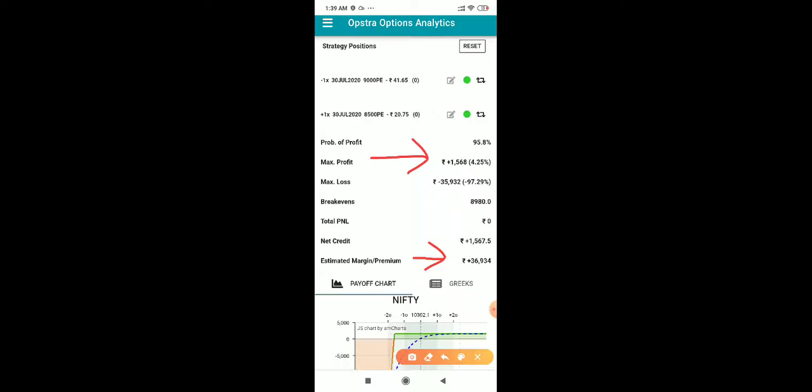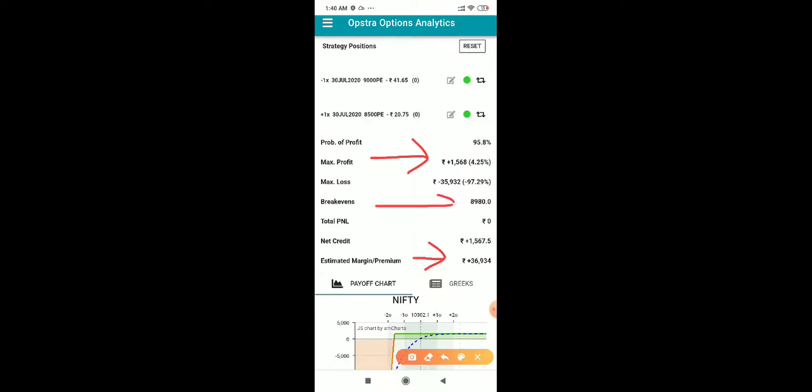That means almost more than 4%. It's almost 4 rupees interest. That means 48% annualized interest. It's huge, but only risk is here if any black swan event happens.